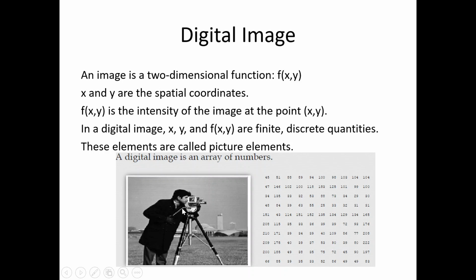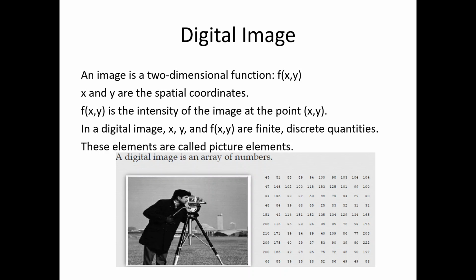This 2D array basically contains pixel values with the specific coordinate values for this cameraman picture. This image is a cameraman picture.